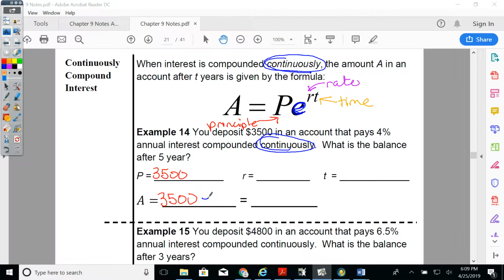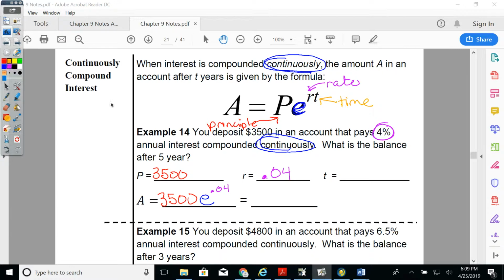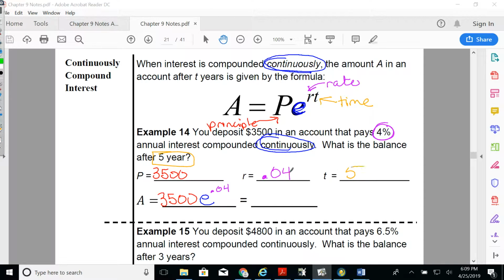I know I'm going to use the E because it's continuously. And in the exponent, I multiply R and T. So R is 4%, which is 0.04, times T. And it wants the balance after 5 years. So T is 5. So times 5.